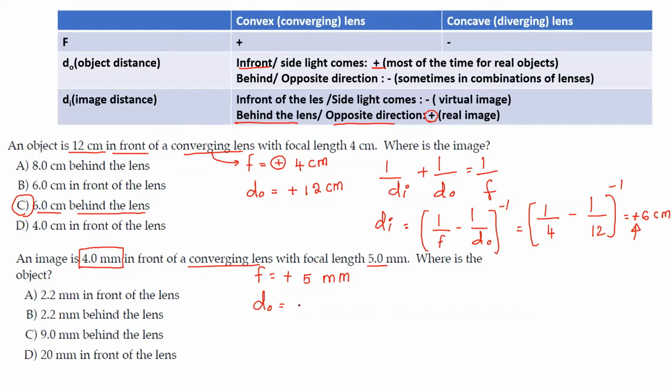So what is Di? It is negative, right? See, Di, they are talking about the image, not the object. And also they are saying it is in front of the lens. So in front means negative.